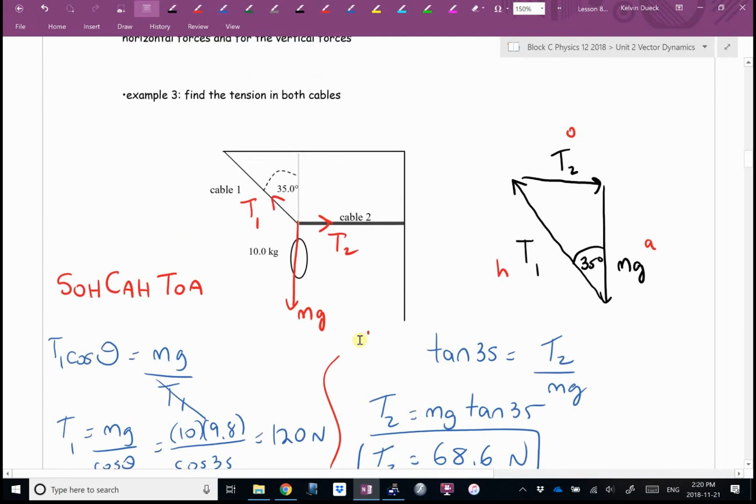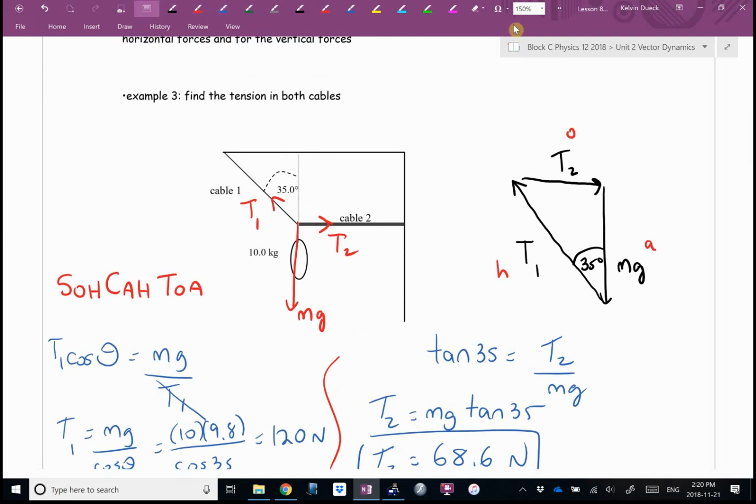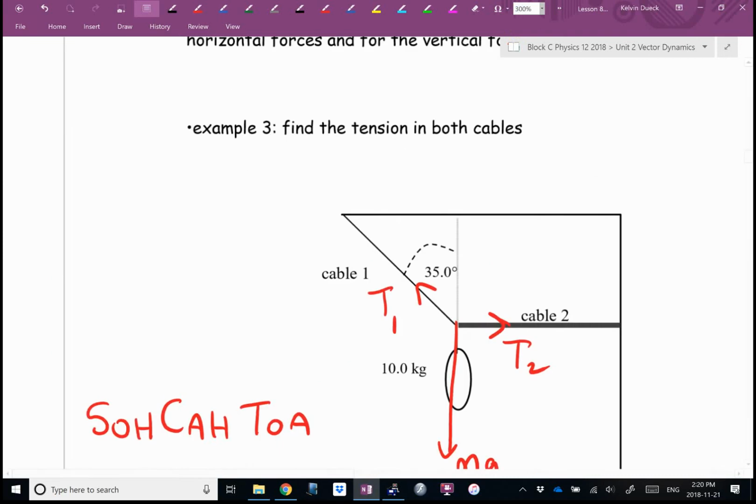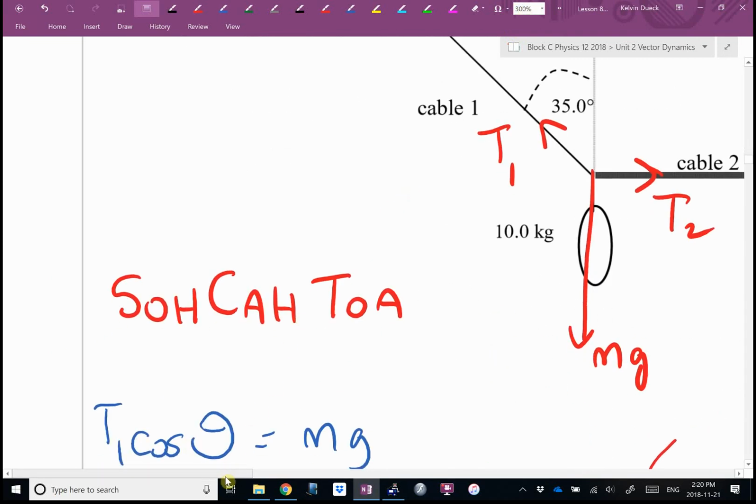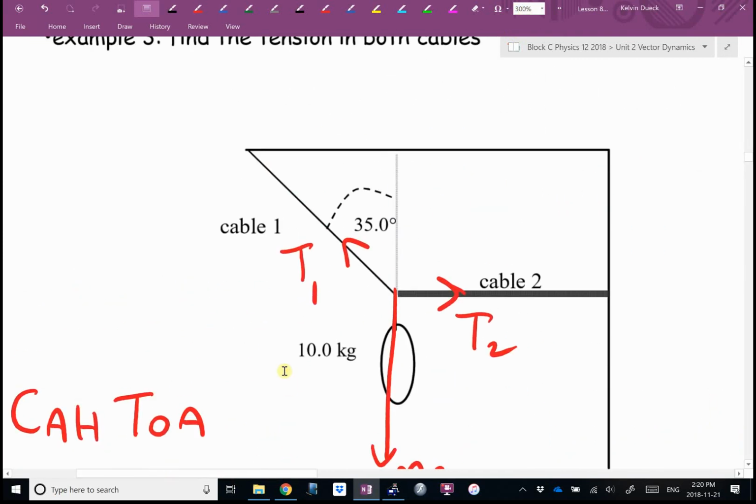Now, there is another way you could have done this. Don't write this down, just look up. You could have done this with components, which is the slanty line. You could have broken this up into a horizontal and a vertical component.